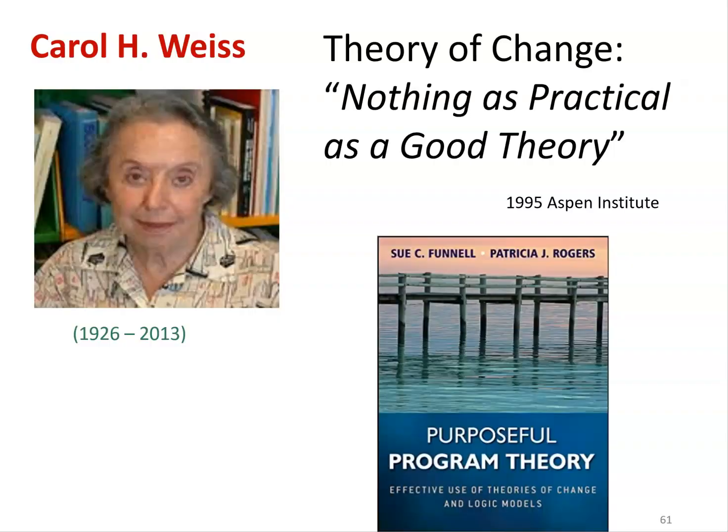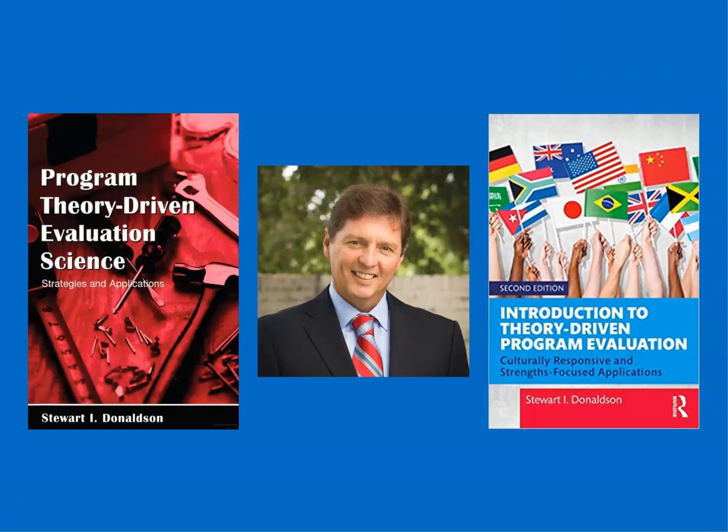Theory-driven evaluations. Carol Weiss famously introduced theories of change into evaluation under the admonition that nothing is as practical as a good theory. The Purposeful Program Theory book by Funnell and Rogers lays out how to do program theory. Stewart Donaldson's work on program theory-driven evaluation science.